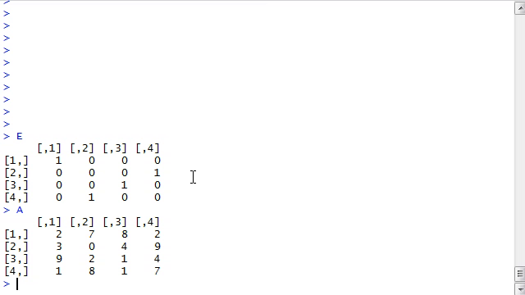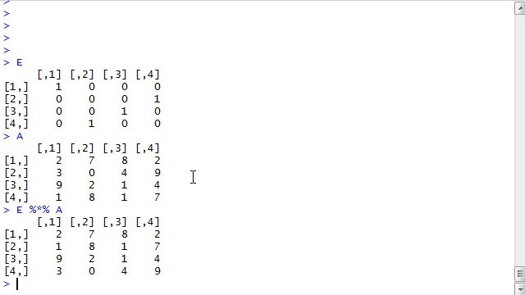So here is my swap matrix E, where rows 2 and 4 have been swapped, and an arbitrary 4 by 4 matrix A. If I pre-multiply A by my swap matrix, we see that the effect will be to swap rows 2 and 4 of A. You can see that in E times A, the second row is the 4th row of A, and the 4th row is the second row of A. And this is true for any swap matrix.